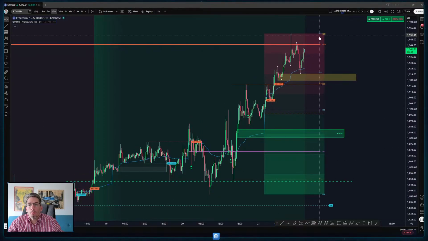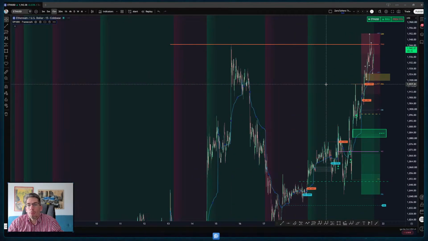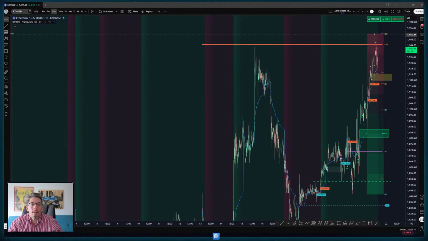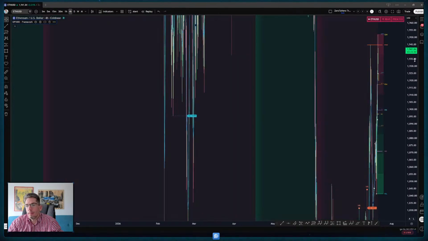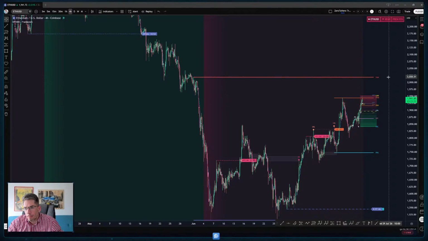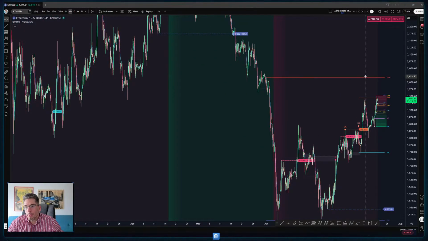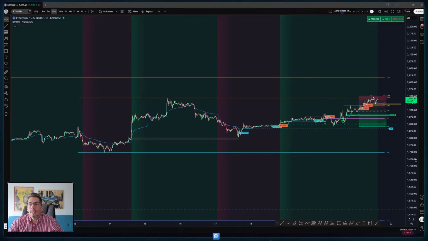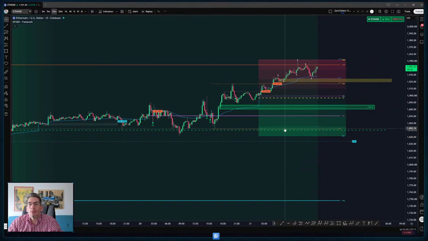So maybe a small pullback long can work out, but keep in mind we already tested this previous week's high, previous month high. No? So 2090 is that next area where we could expect to see the Ethereum trend look bullish. Longs are fine. Just keep in mind that you want to get your confirmation. After you get the confirmation, it's perfect.